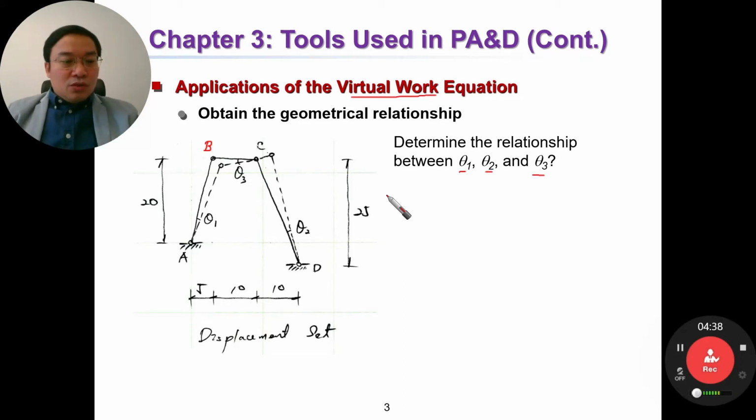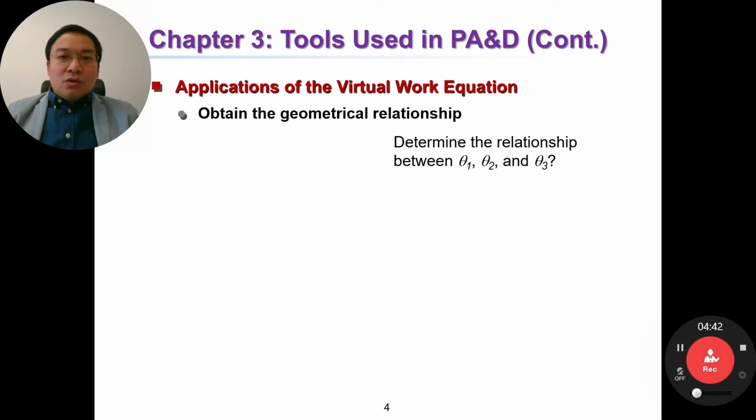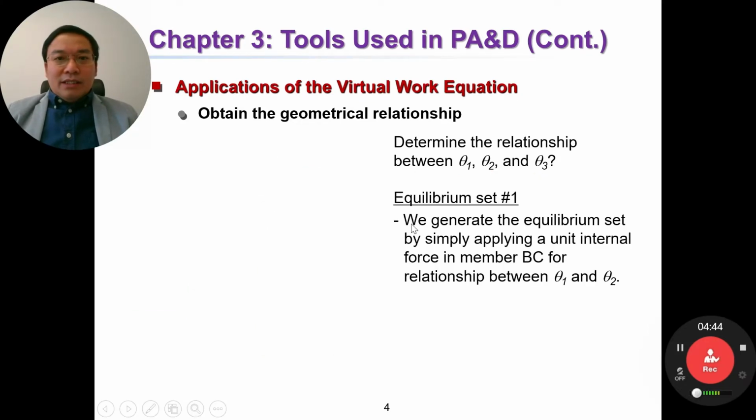To do so, first we can assume the equilibrium set. First, we assume equilibrium set 1 for determining the relationship between theta 1 and theta 2.